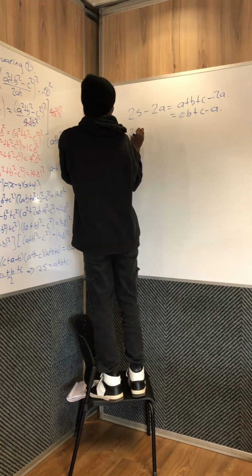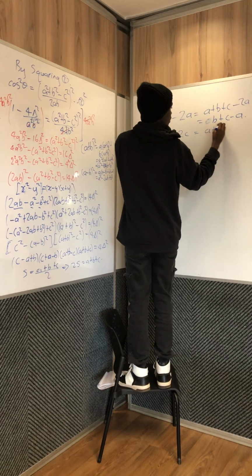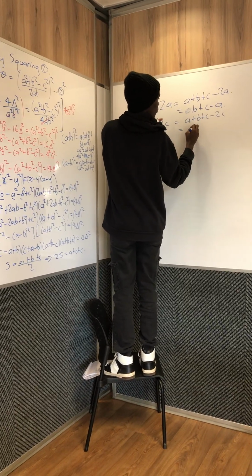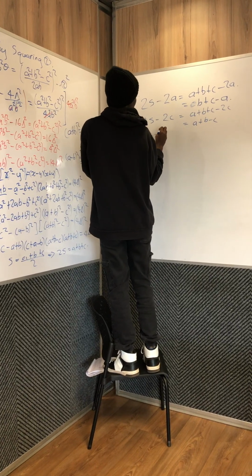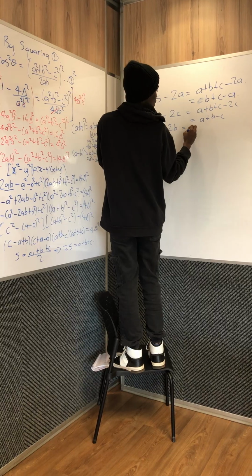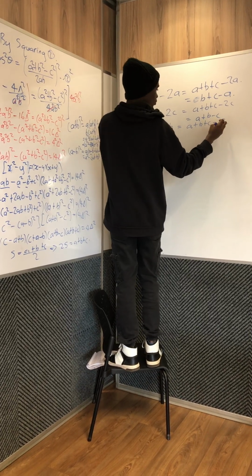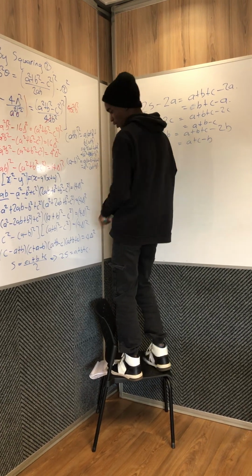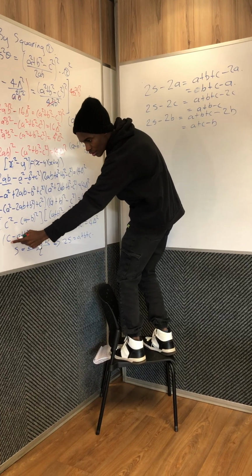If I say 2S minus 2c, I get a plus b minus c. If I say 2S minus 2b, I get a plus c minus b. And here you can see this is this one over here.